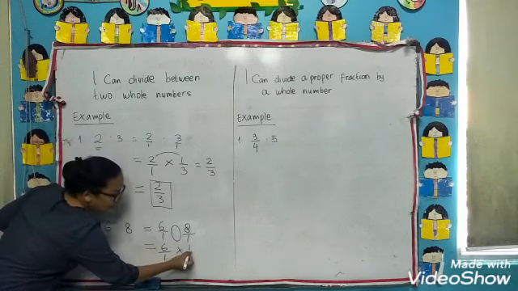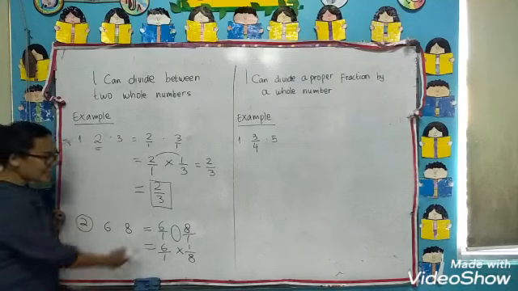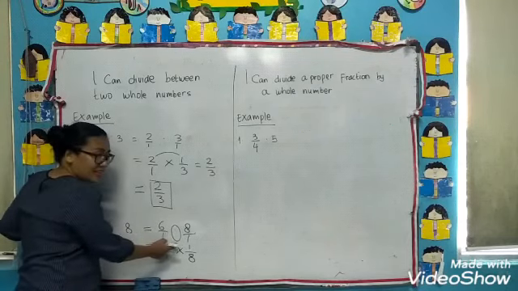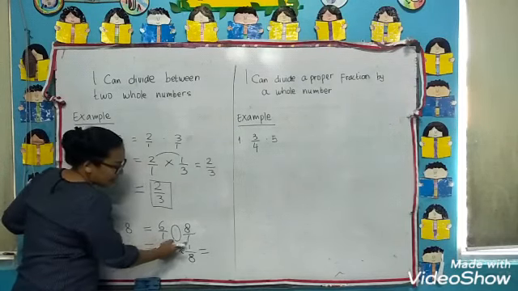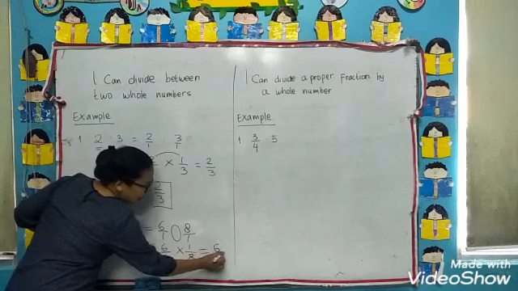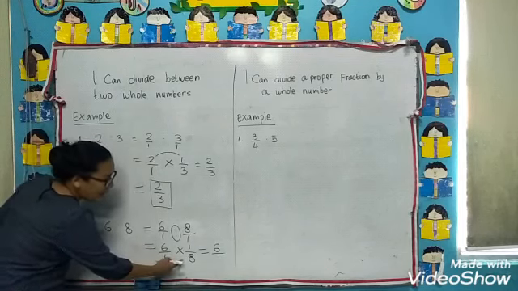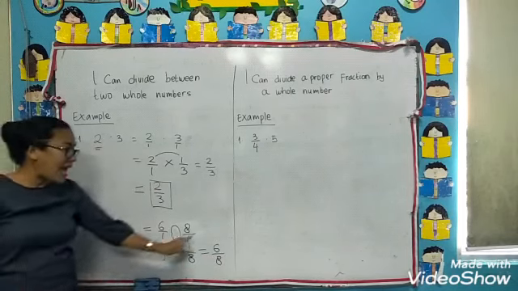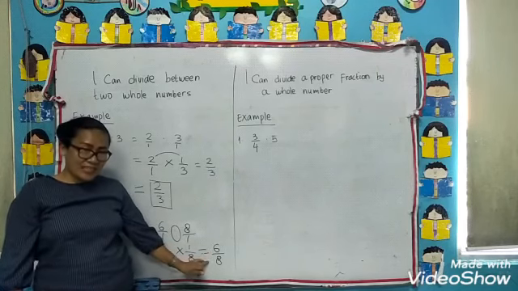So this becomes 1 over 8, right? And the next step, we multiply numerator by numerator: 6 times 1 equals 6. And then denominator, 1 times 8 equals 8. And the final answer is 6/8.